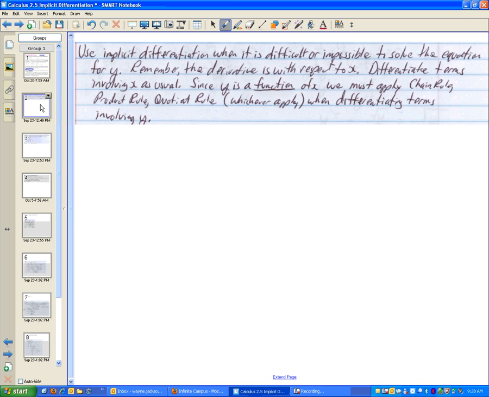Use whatever rules apply. Since y is a function of x, we must apply the chain rule or the product rule or the quotient rule, whatever applies when differentiating terms involving y. y is a function. Treat it like a function, not a variable. x is the variable, y is the function.